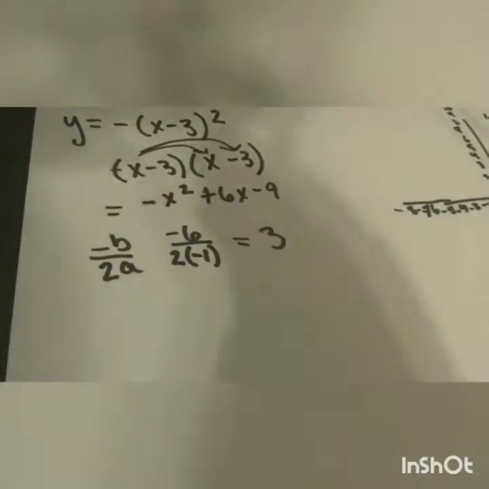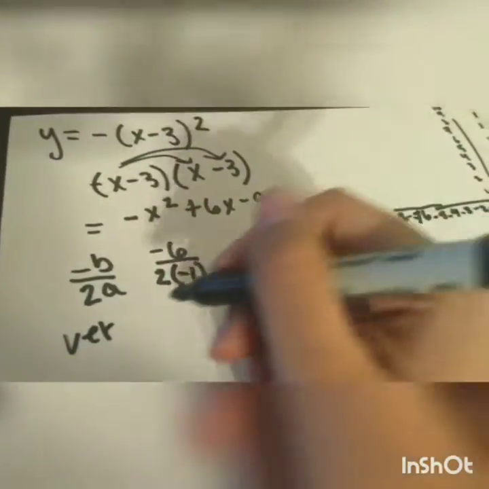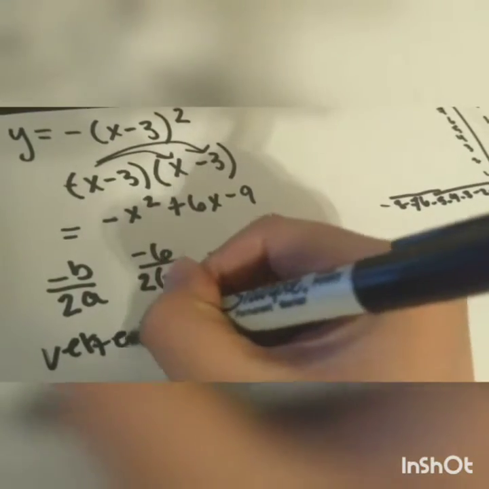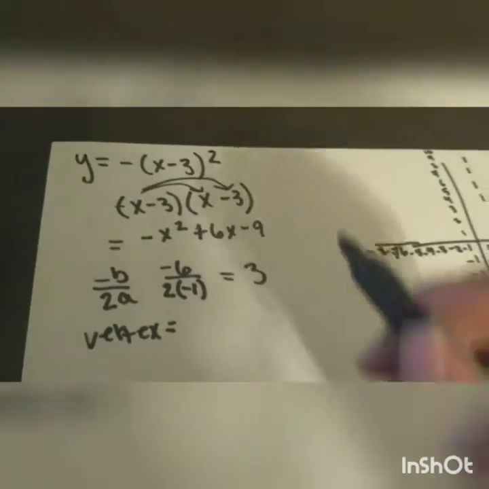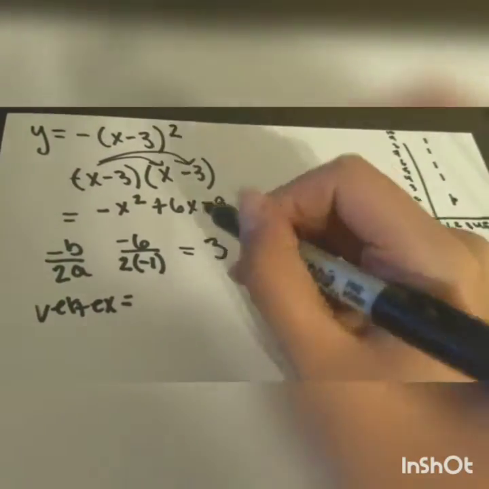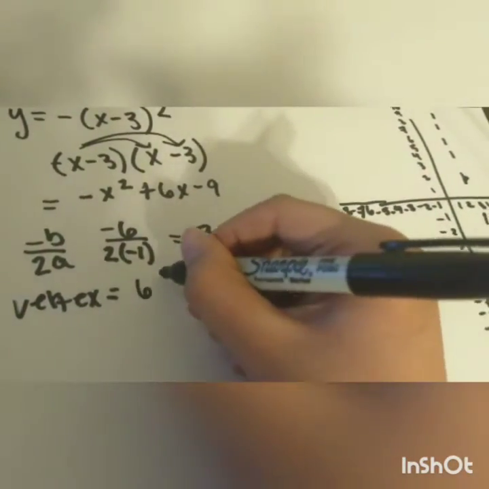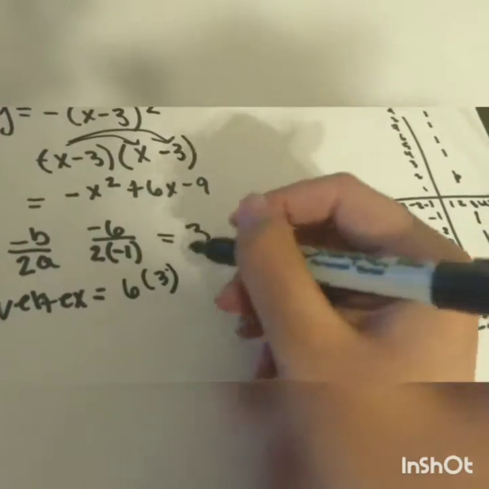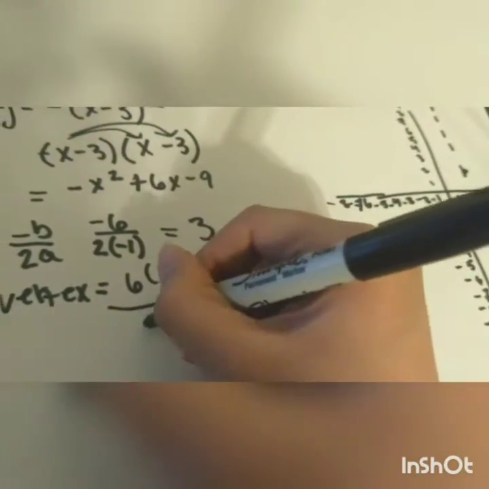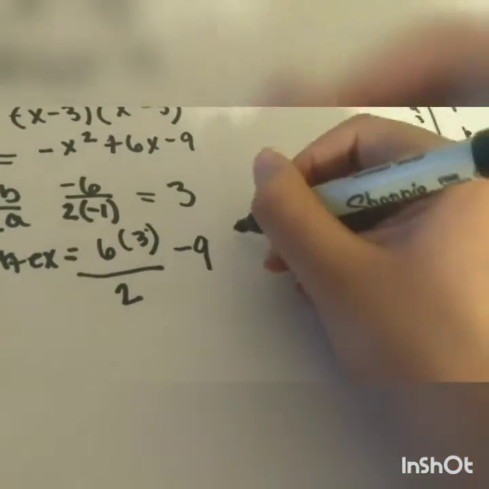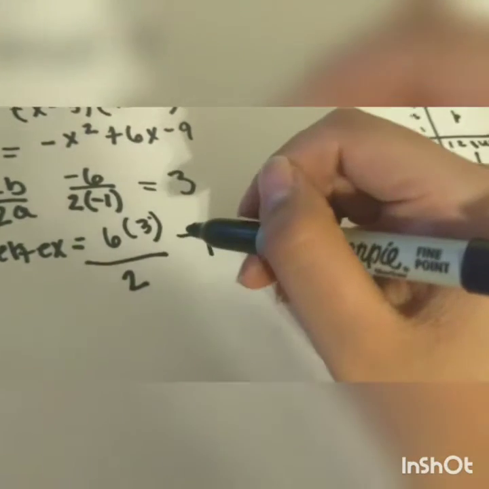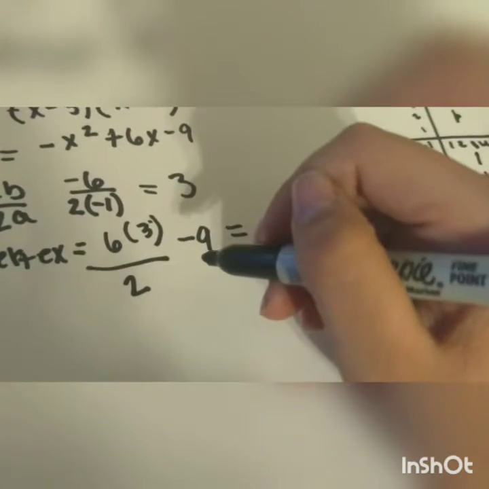So I'm going to go ahead and find the vertex. So we're going to go ahead and just look at 6x minus 9. So 6 times 3 divided by 2 minus 9 is equal to, so 6 times 3 is 18, divided by 2 is 9.